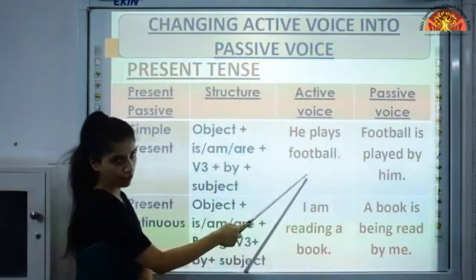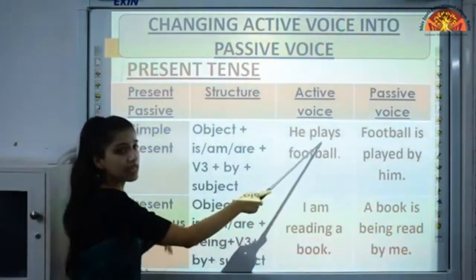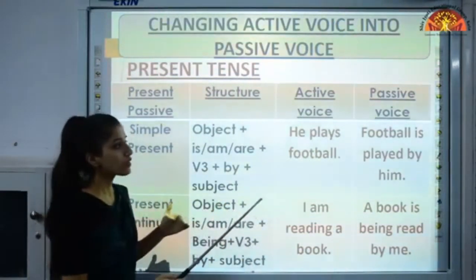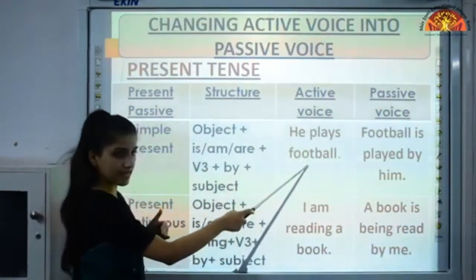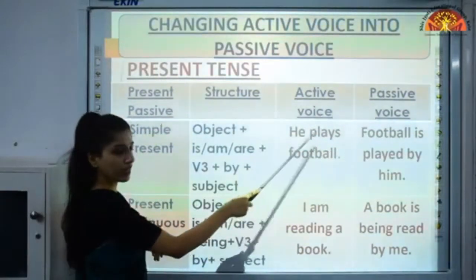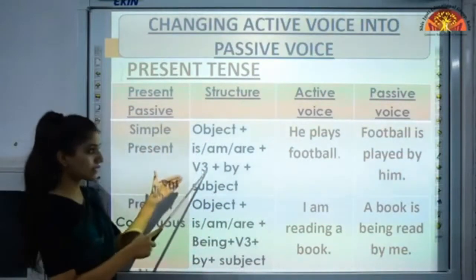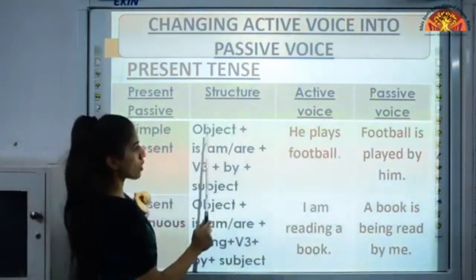He plays football. Here you can see he is the subject, plays is the verb, and football is the object over here. So now when we are converting this active voice sentence into passive, we know he is the subject, plays is the verb, and football is the object. Like you can see, first the object will come.